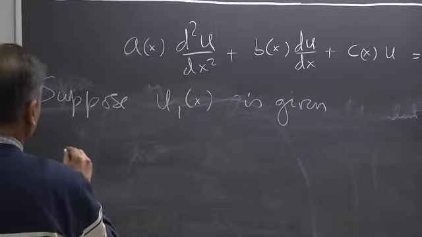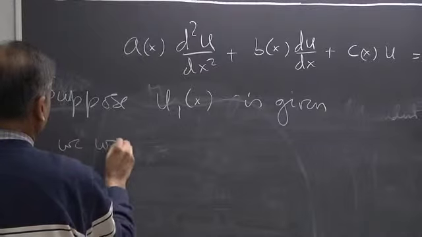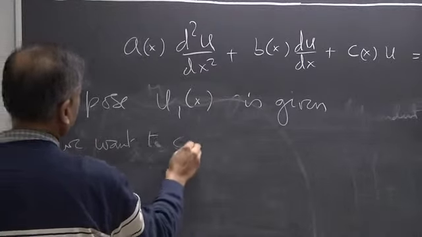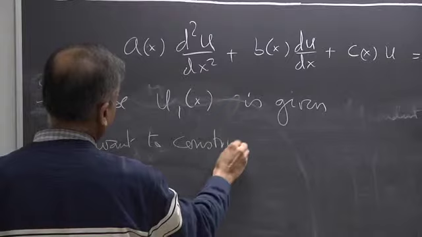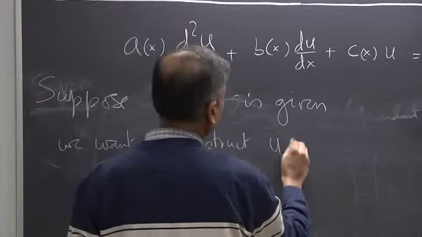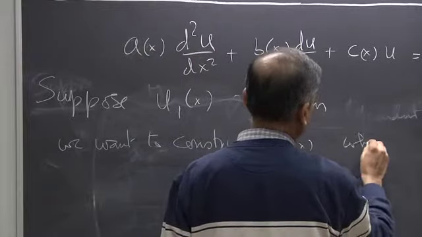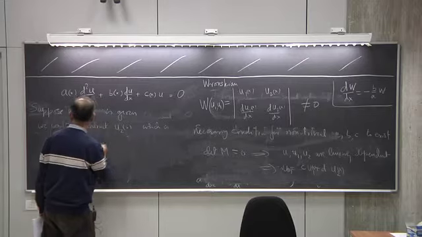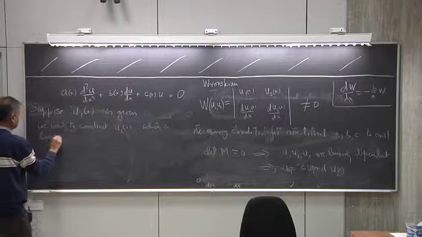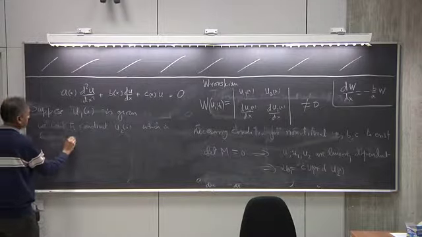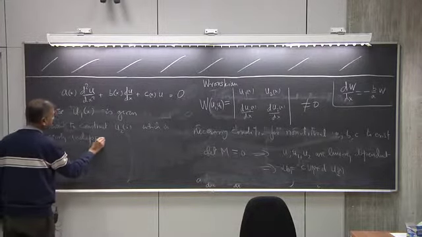So we want to construct u2, which is again a solution of that equation, and which is linearly independent of u1.